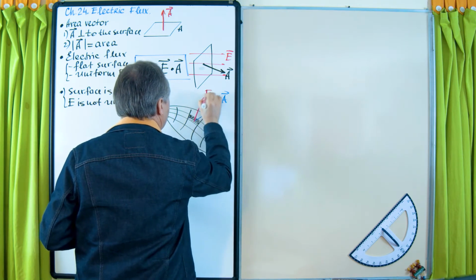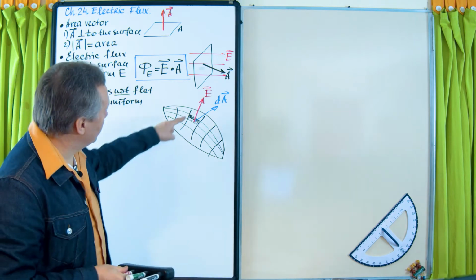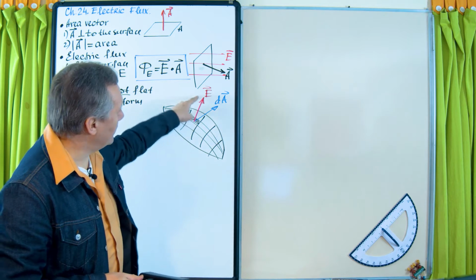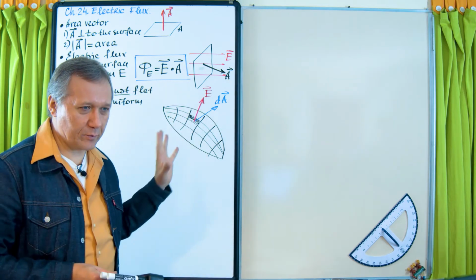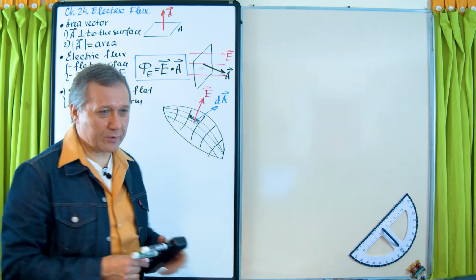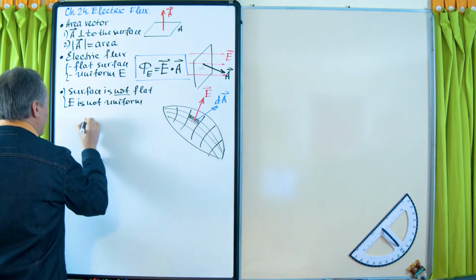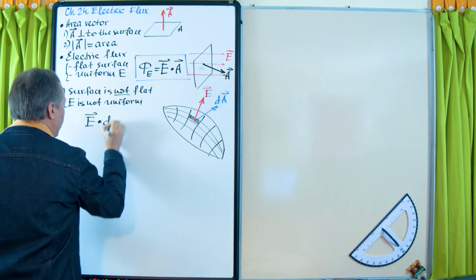So let's say this is E. So now we can write the flux through this small patch as E dot dA, like over here. Tomorrow I will spend a few minutes on this because we didn't manage to get to this point.